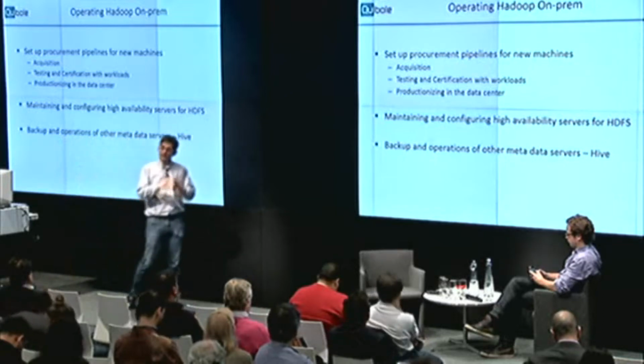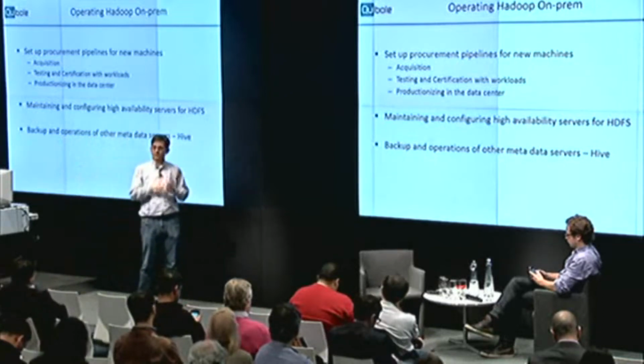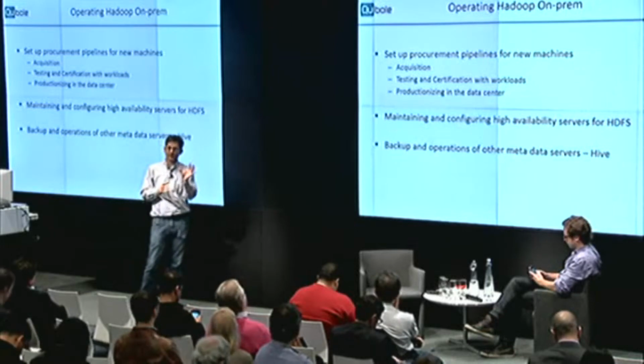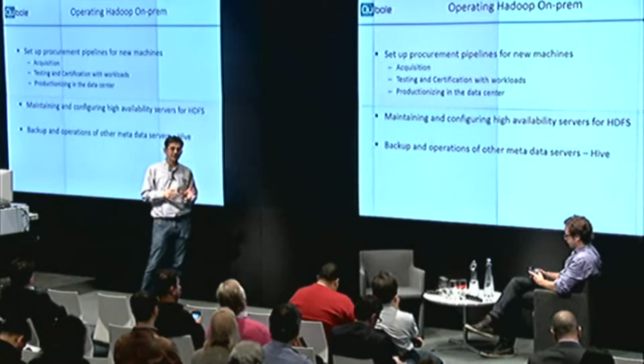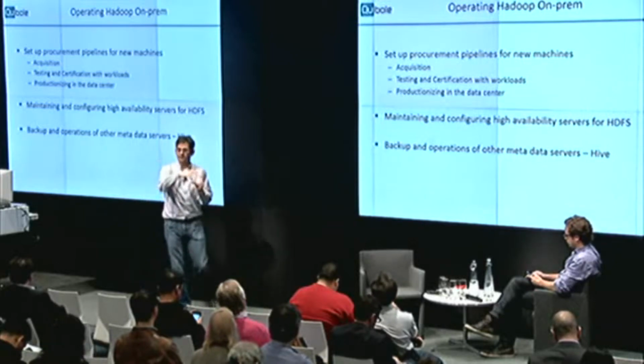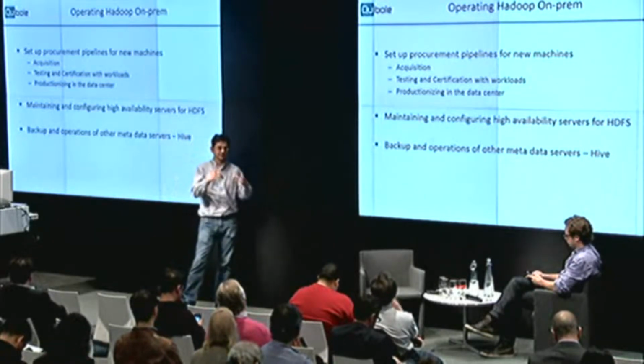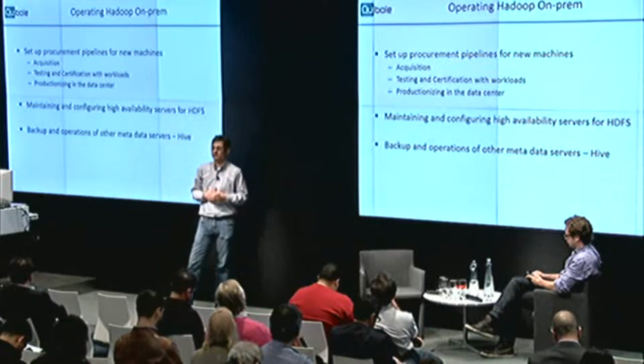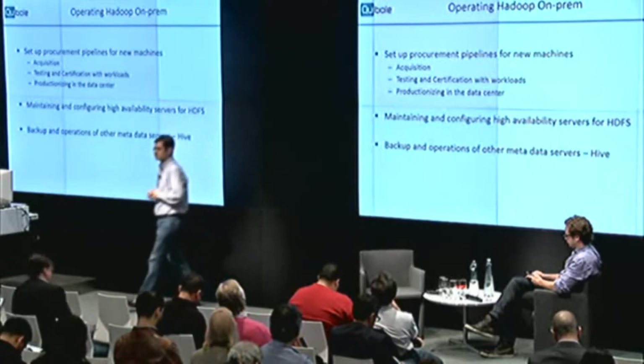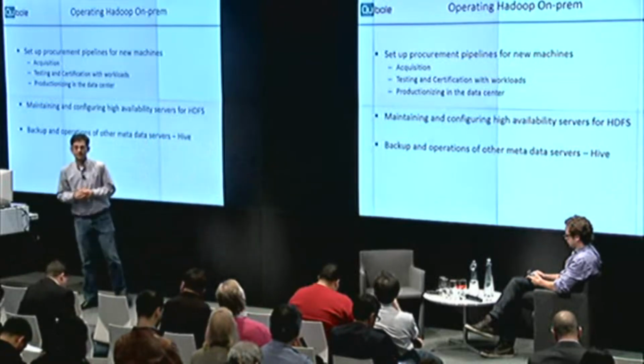In an on-prem deployment, you have a fixed number of servers, and you might have single points of failure. So you want to make sure that that single point of failure has backups, so that if that particular part of the infrastructure fails, your infrastructure doesn't come down.